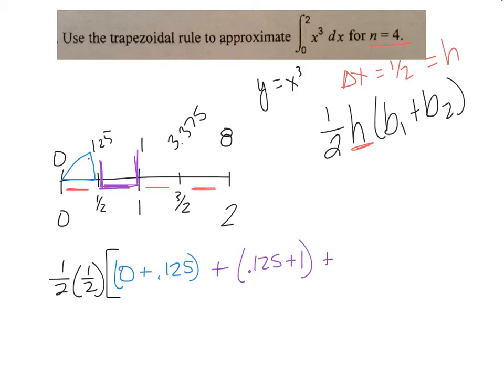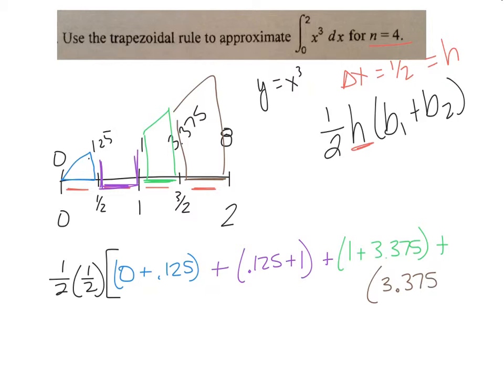Plus, my next trapezoid goes at 1 all the way up to 3.375, so it's 1 plus 3.375. Plus, and I've run out of screen room, but y'all are going to go with me, the last one goes from 3.375 all the way up to this 8, so 3.375 plus 8.